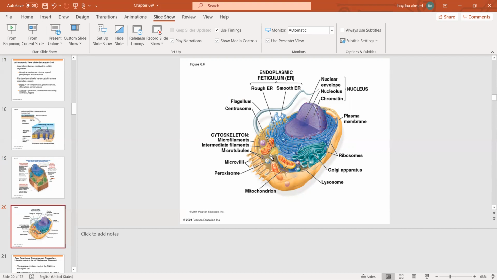And we have the centrosome, a region where the cell's microtubules are initiated, which contains a pair of centrioles. And we have the flagellum, the singular of flagella. This is a motility structure present in some animal cells, composed of a cluster of microtubules within an extension of the plasma membrane.